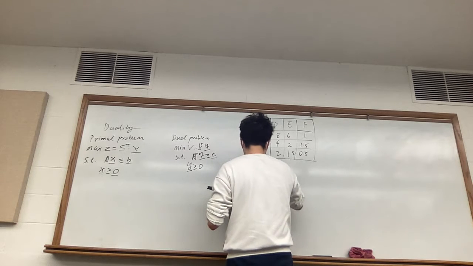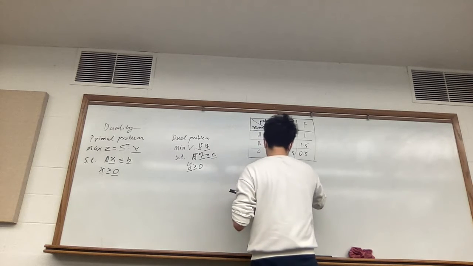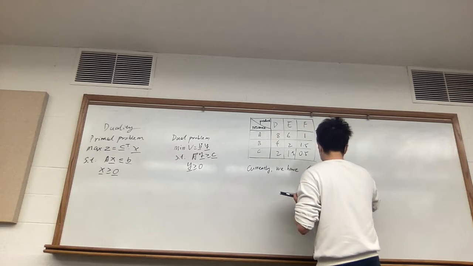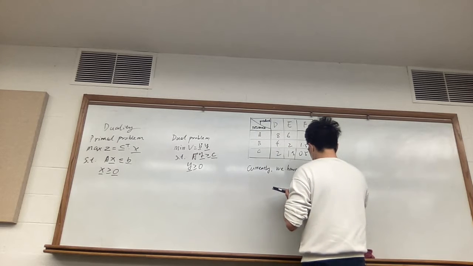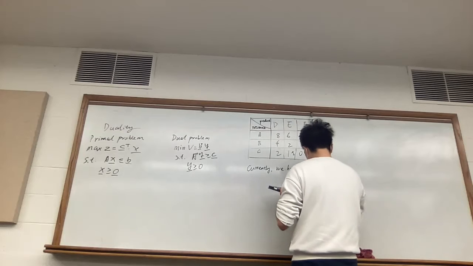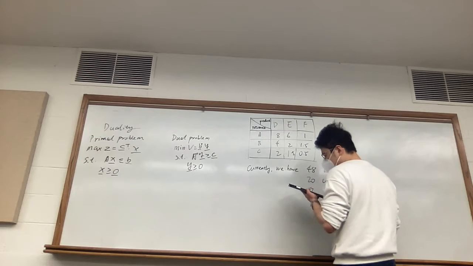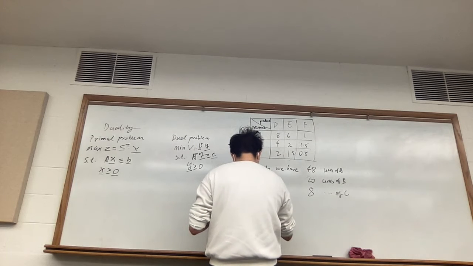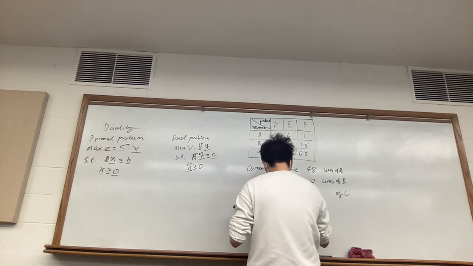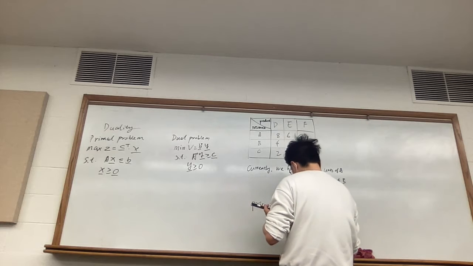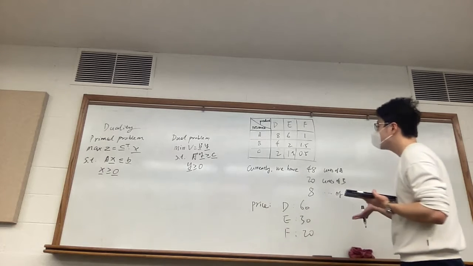What we also have is currently 48 units of A, 20 units of B, and 8 units of C. And as for the price, 1 unit of D is 60, 1 unit of E is 30, and 1 unit of F is 20. So this is our problem.